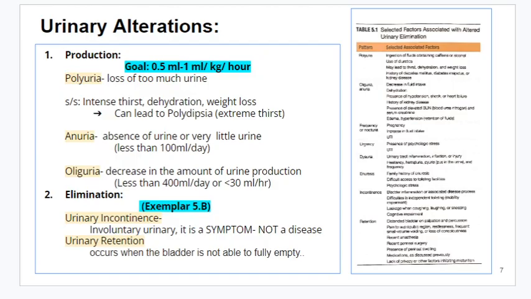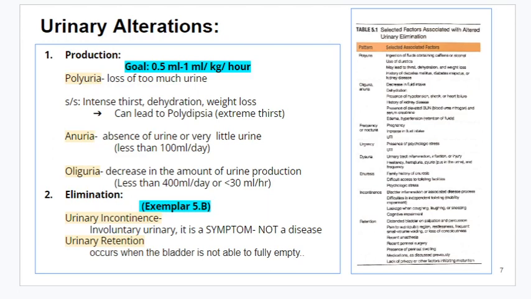Absolutely. Especially if you work in a nursing home or long-term care setting, will there be a huge chunk of your patients that do have urinary incontinence? Absolutely. But it's important to know, especially for NCLEX purposes, urinary incontinence is not a normal sign of aging. Unfortunately, it is a symptom of something not working properly.